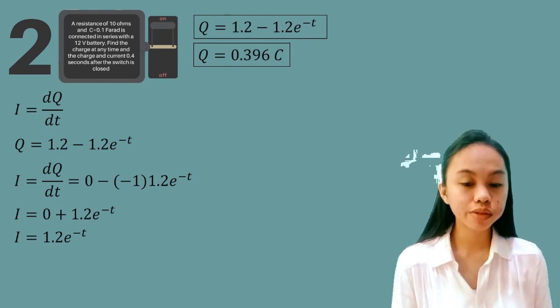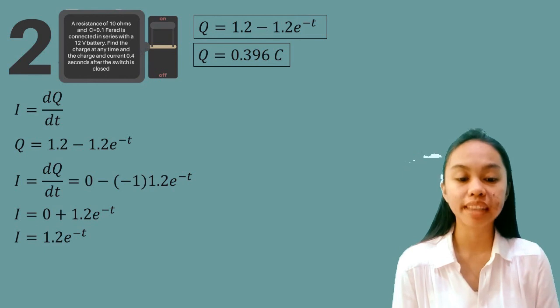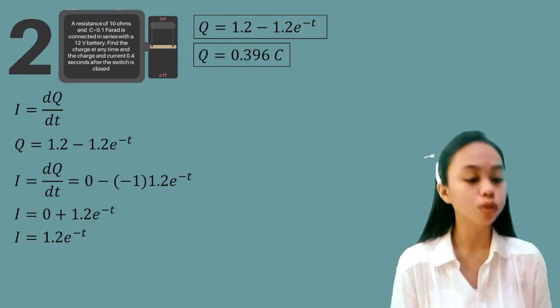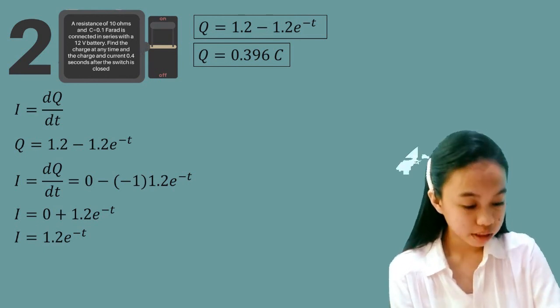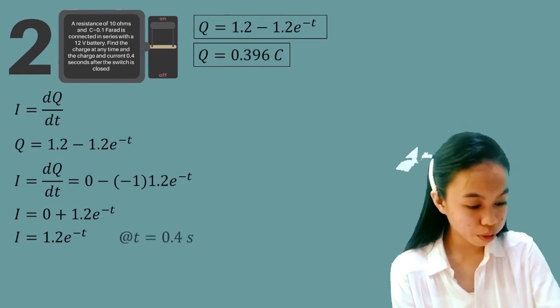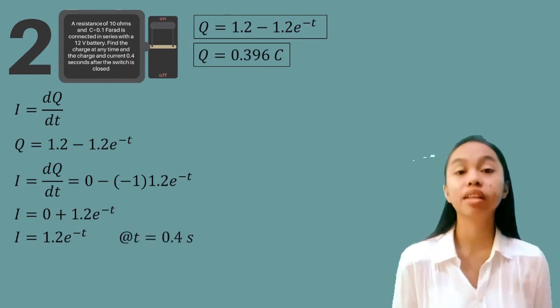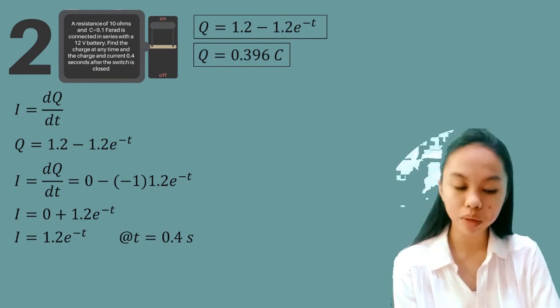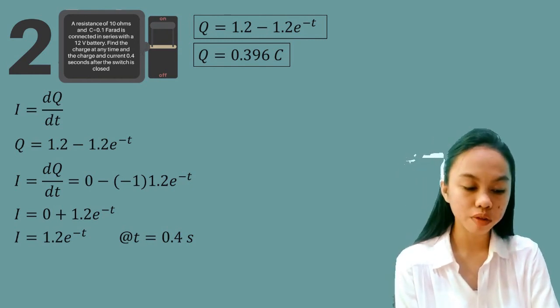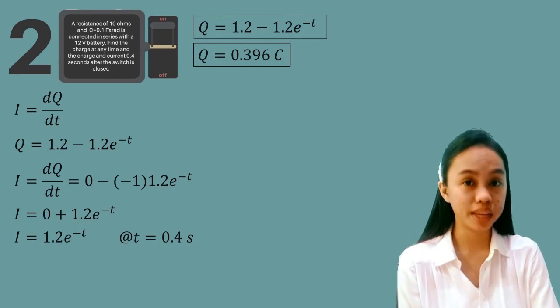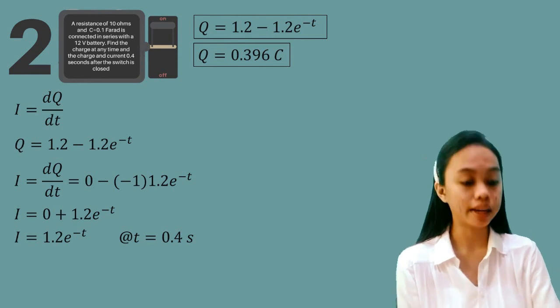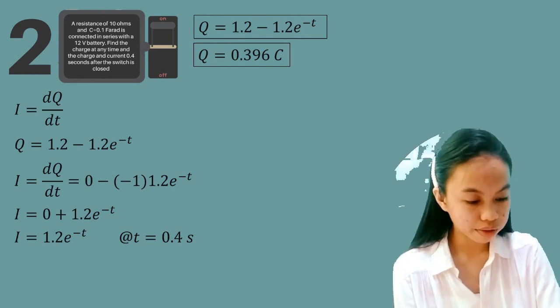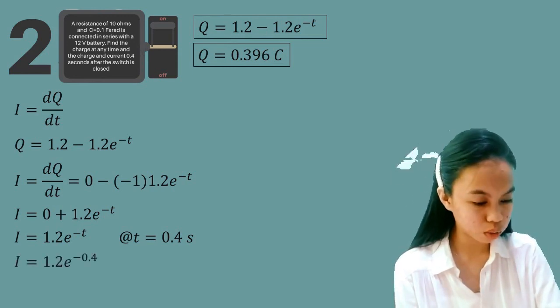So we are tasked to find the current 0.4 seconds after the switch is closed. So at t equals 0.4 seconds, what is the current? We will substitute 0.4 seconds into 1.2 e raised to the power of negative t, since it is our current at any time. So we will have I equals 1.2 e raised to the power of negative 0.4.